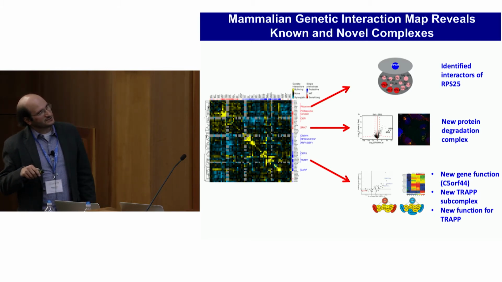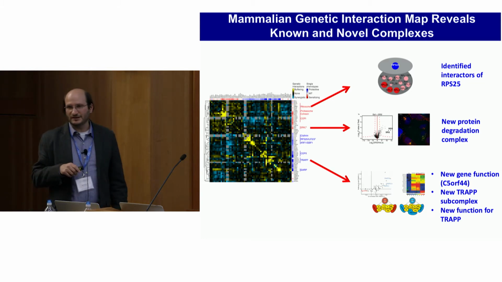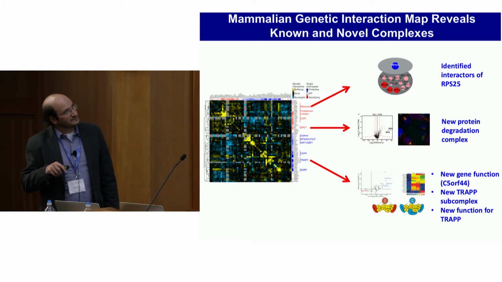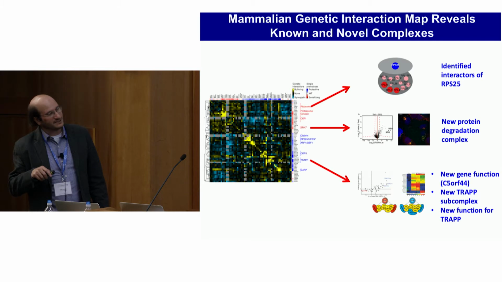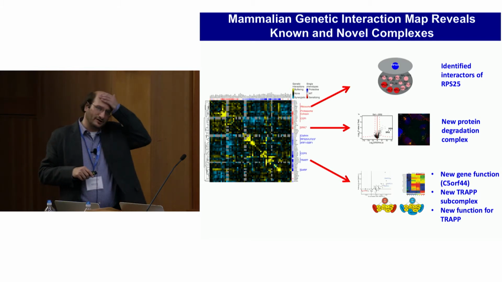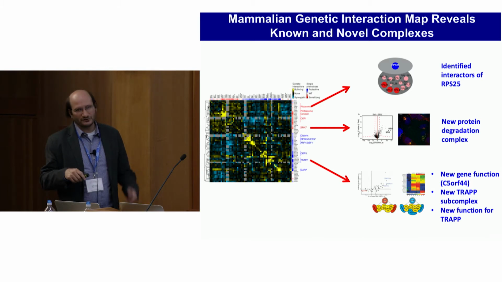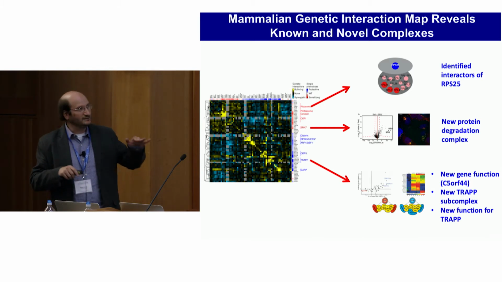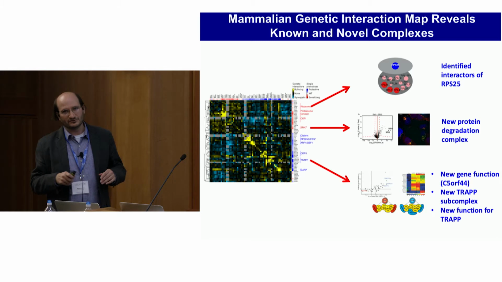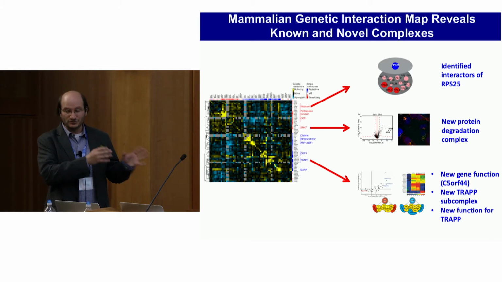But the really cool thing is if you have a gene of unknown function. So here is C5orf44. Previously, we had no idea what this gene actually did. But we can see that genetically it looks like a member of this vesicle tethering TRAPP complex. So one of the really nice things about this was it came up with a prediction for the function of this gene. Genetically, it has a pattern of interactions that looks like another complex that we do know the function for.